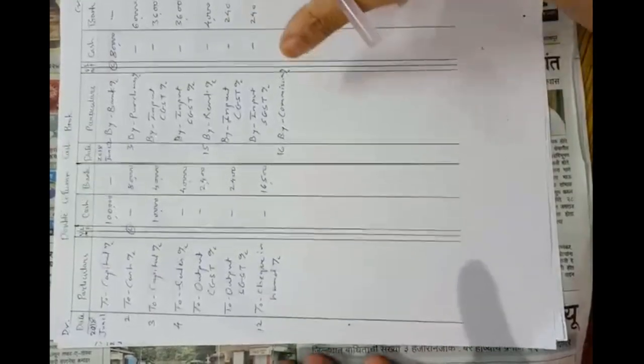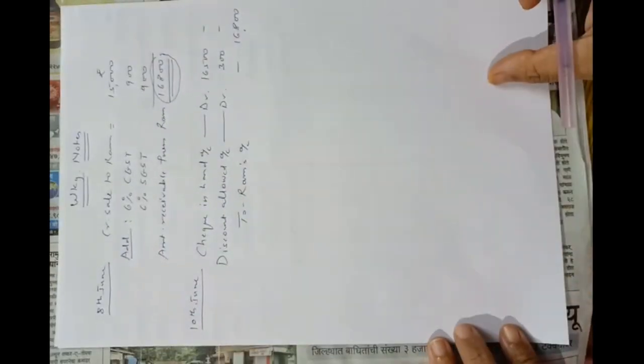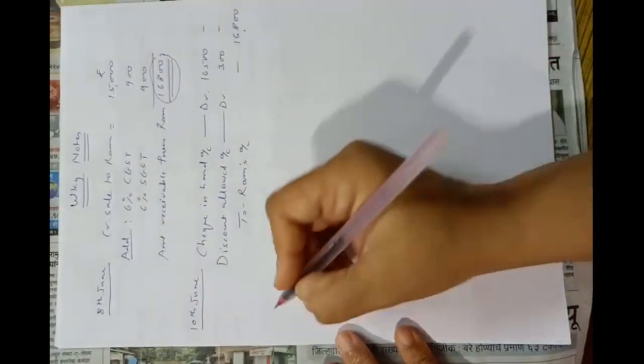So let's calculate. Now again, here total amount is given of commission rupees 11,200, but SGST and CGST amounts, that is 6% each, are included in 11,200 commission.